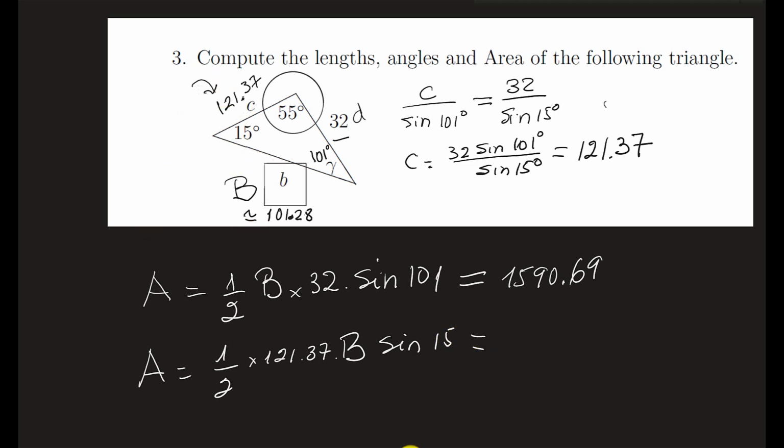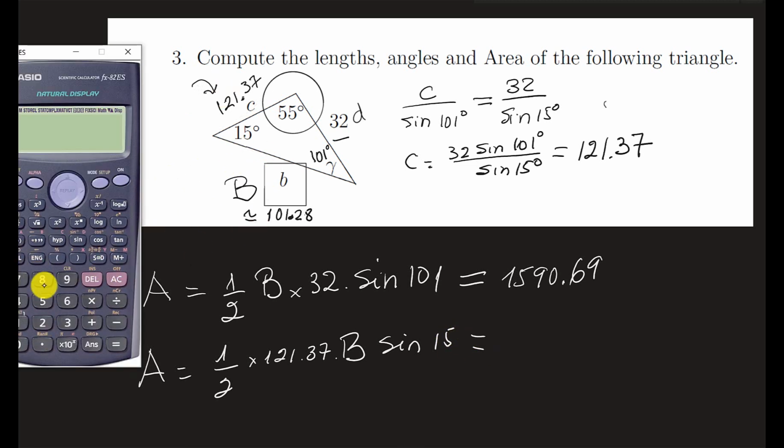So 0.5 times 129.37 times Alpha B, because it is in a memory, times sine of 15 degrees, and you got the answer.